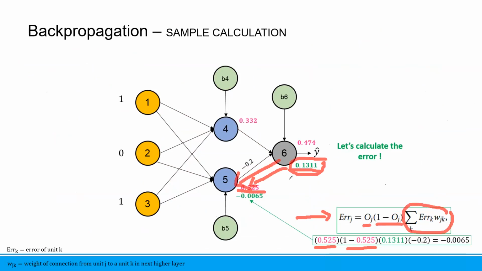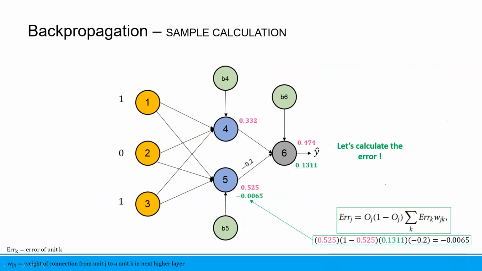So here I would like to measure 0.1311 multiplied by the weight of this network. This is the summation. If we have only one, we can just do only one.